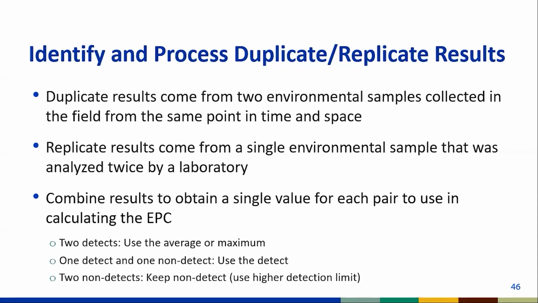Health assessors may wish to review the data quality report or contact a chemist to gain insight into why the samples have significantly different concentrations when this occurs. If a contaminant is detected in one sample of the pair and not the other, use the detected value. If both results are non-detect, keep the results as such and include the higher detection limit.